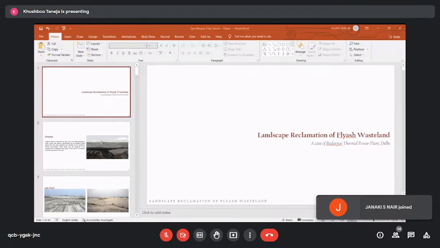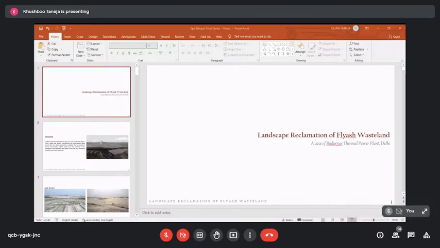A site as huge as this was like prey being hunted down by hunters, and my concern was that it should get developed in the most holistic way possible, at least try for it. It could be developed into a recreational area which can be used, instead of making a high-rise building on it. Using landscape interventions, we can make it something recreational which people can use.